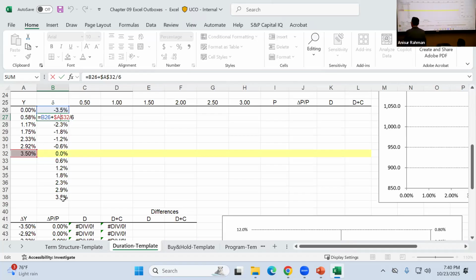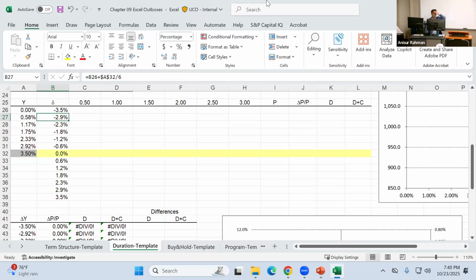Let's see what I did here. First two. This is the first one.